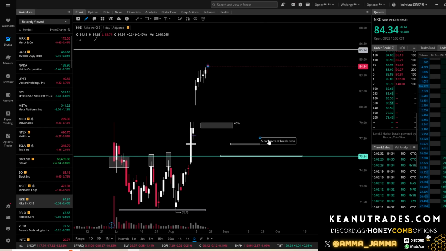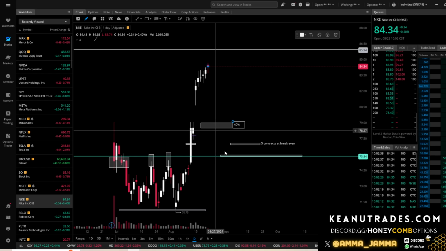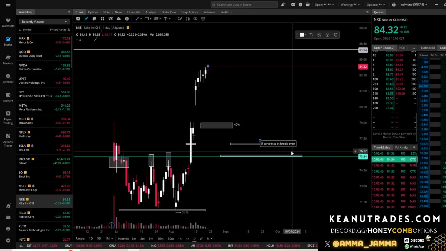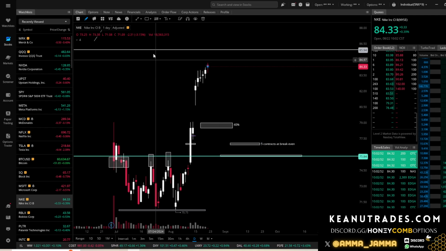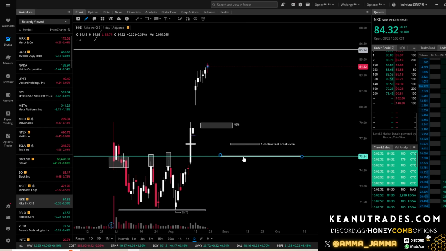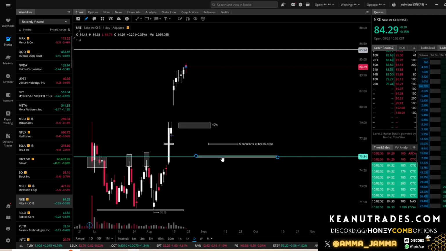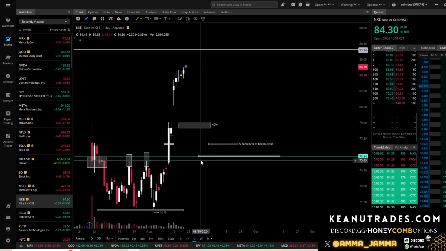So right here, we were up $400. We took 40%. All right, so right here, we might be up only $150. We might be only up $150 here, and then down here, at the major support resistance, we might only be up $80, but we're still green overall in the trade. We're up 20% overall on the trade right here.